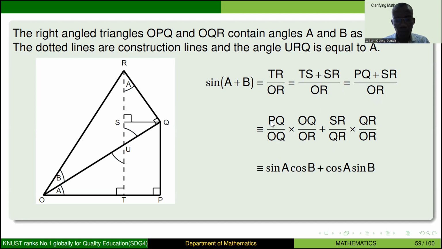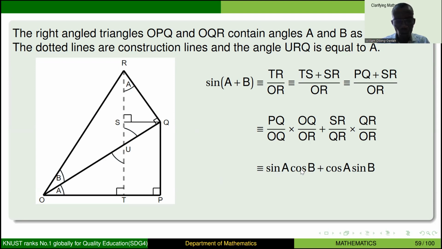So right away, our PQ over OQ will define sine A. So let's look for our sine A. So over here, sine is opposite over our hypotenuse. So that will be PQ over our OQ. So that gives us our sine A.